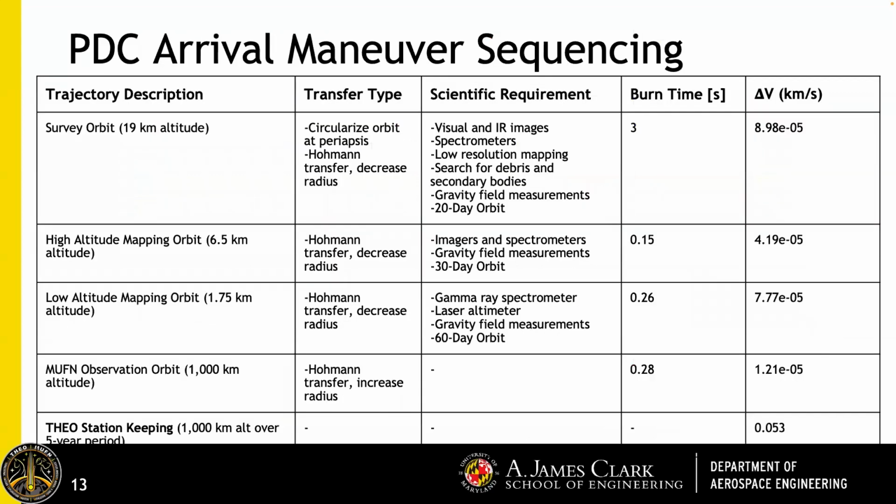So once we get to the asteroid, we have a few different arrival maneuvers that we're doing. So we have a survey orbit, a high altitude, low altitude mapping orbits, and then we have an observation orbit, and then also a station keeping orbit. So in the survey orbits and the high and low altitude mapping orbits, that is where we are doing our science.